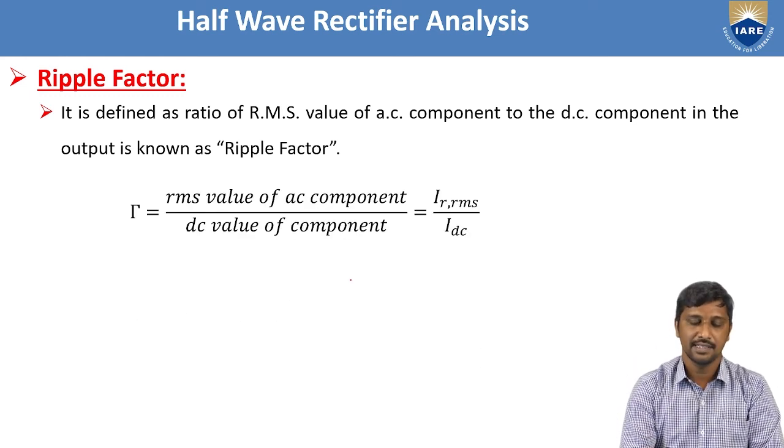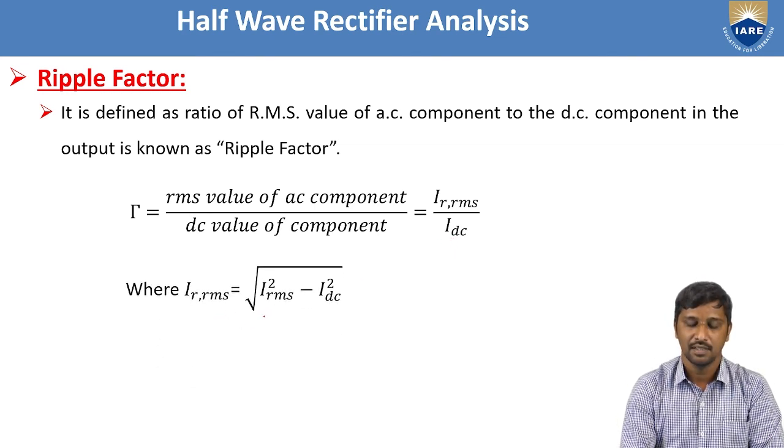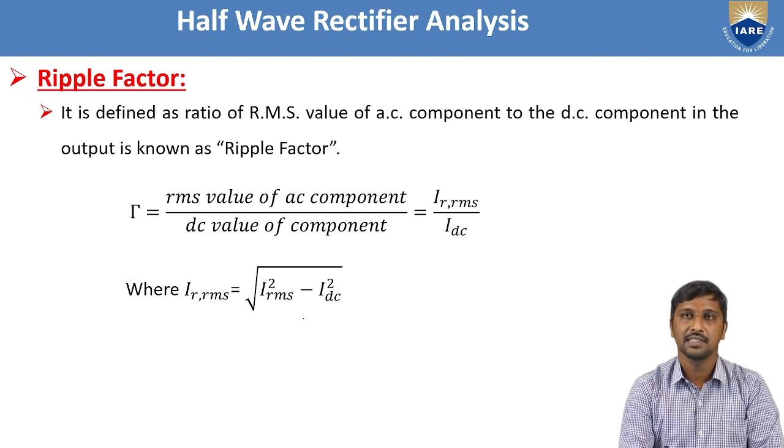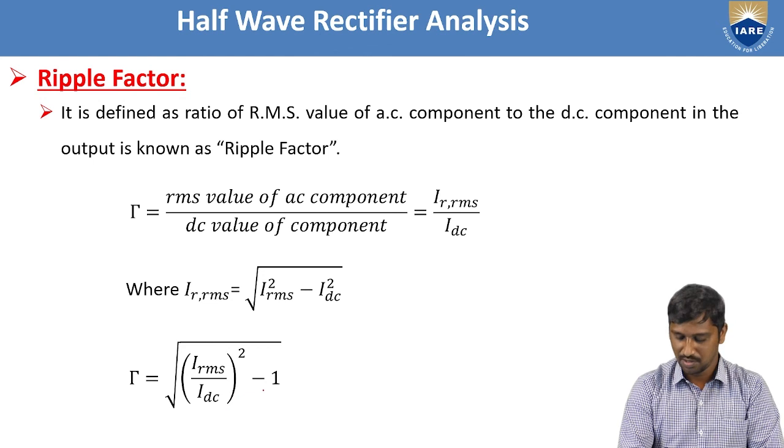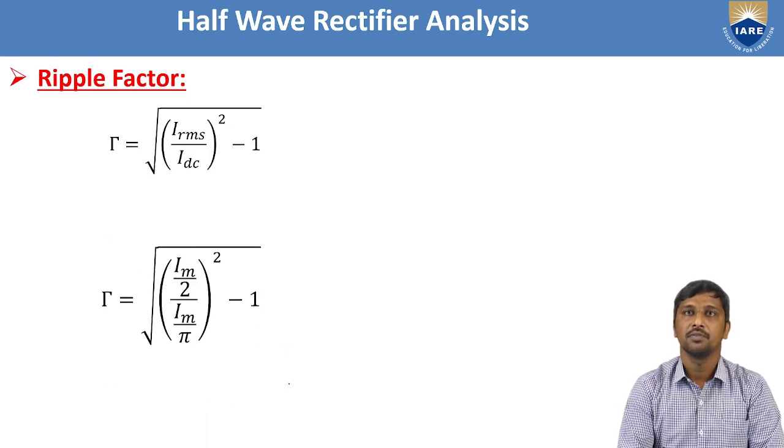So it is represented as IRMS to IDC. We know that the AC component is the square root of I square RMS minus I square DC. To simplify, I divide by IDC within these terms, so it becomes the square root of (IRMS by IDC) whole square minus 1. Now you can substitute the IRMS and IDC values we just observed.